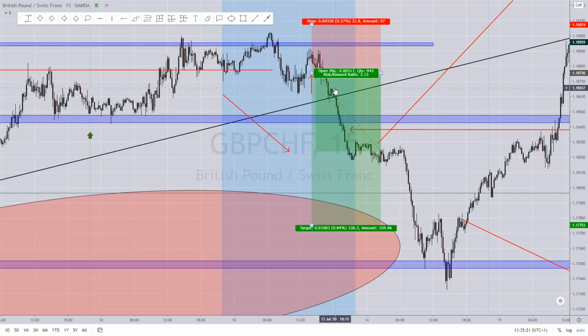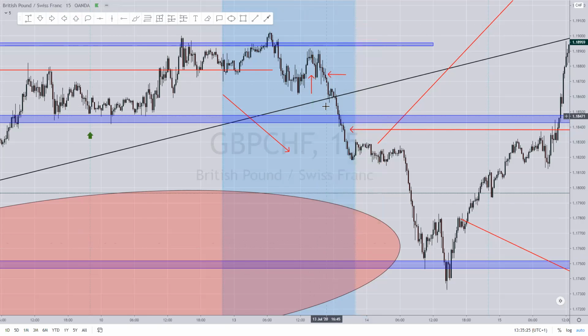Actually, let me just move this. So you can see price comes down to this trend line here and again starts to induce buyers. And this is the point where you're going to have more buyers entering the market thinking, yeah, my trend line is being validated and it's holding, and yes, I'm going to buy. And again, price just continues down.